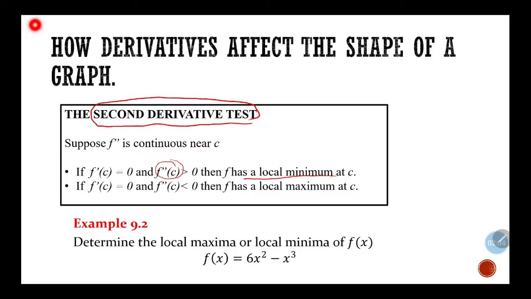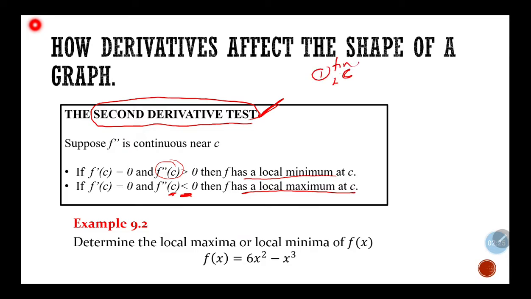If you get positive, it is a local minimum at c. If you substitute c into f double prime and get less than 0, then it has a local maximum.